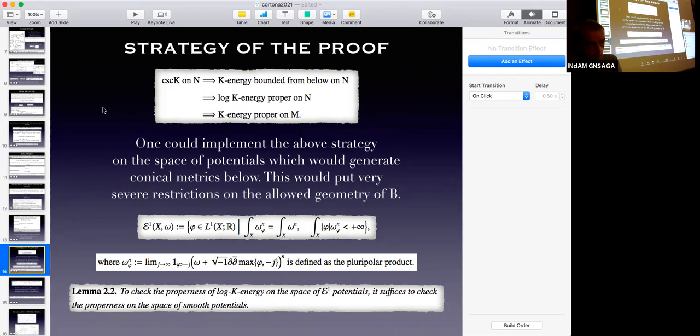The singular version of CSCK doesn't exist for the moment. I think at the moment it's completely out of reach, even to make sense of the objects. If you start, for example, with non-normal varieties, I think we don't even know what to look for.